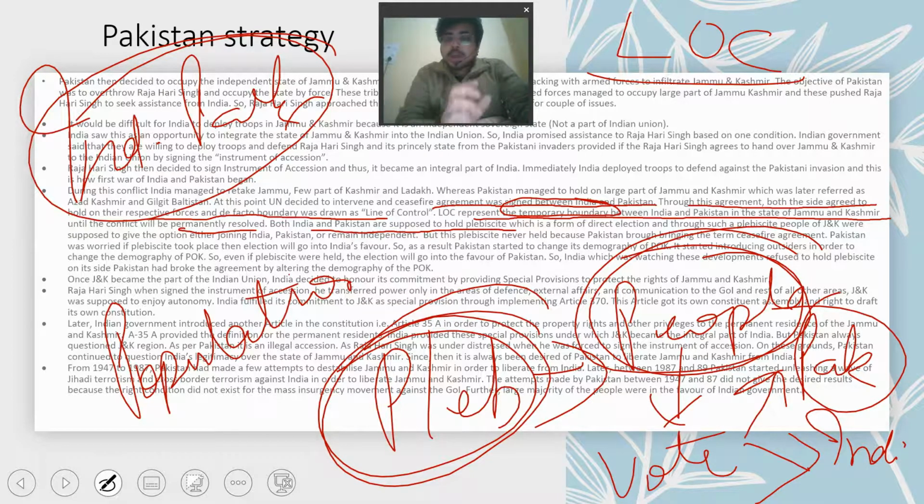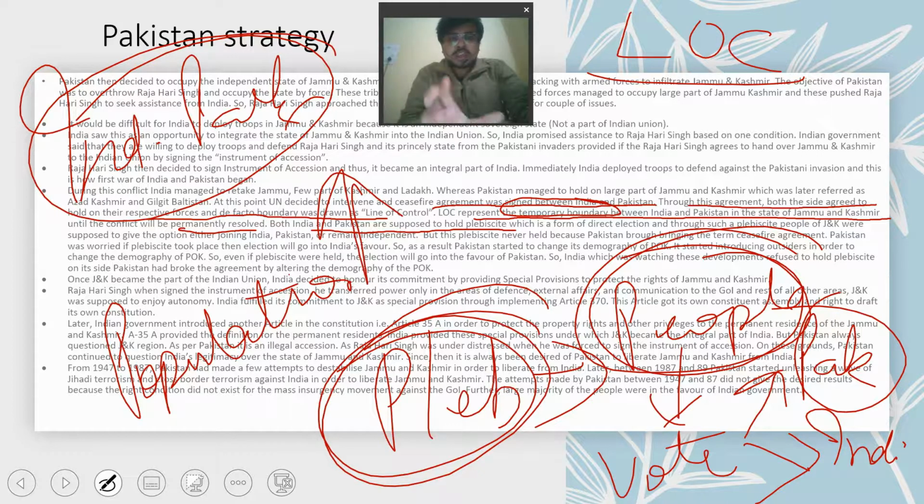Now the number of Pakistani people in Pakistan-occupied Kashmir and the other regions will be more. Okay, so the population will increase on the Pakistan side, and when the population increases, it means what? Obviously they are Pakistani people, so they will vote in favor of Pakistan only.